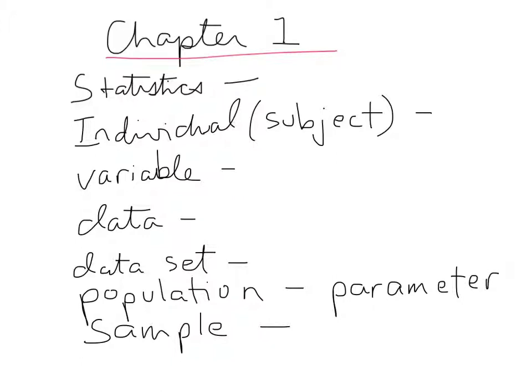If we got the information, let's say the average height again, from the sample, that number is called a statistic. And you'll note one way I remember it is population begins with a P, parameter begins with a P, sample begins with an S, statistic begins with an S.